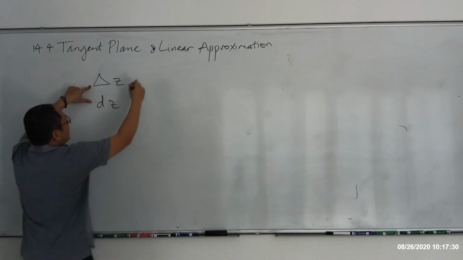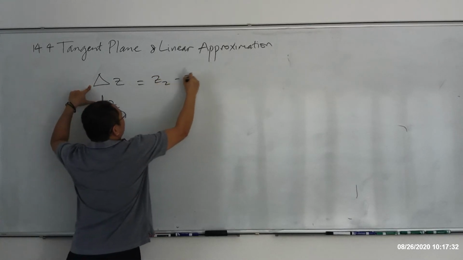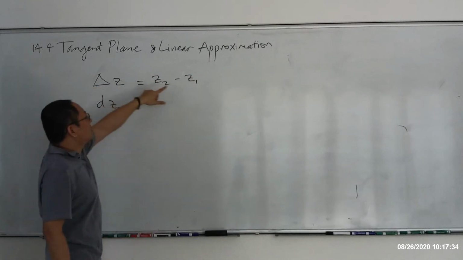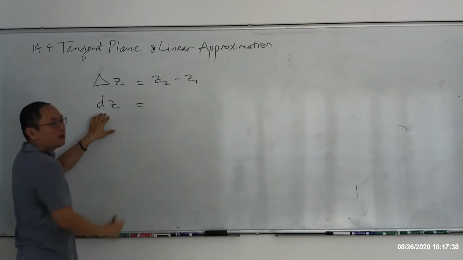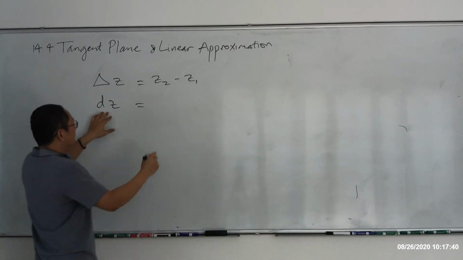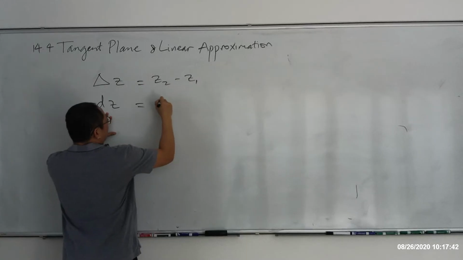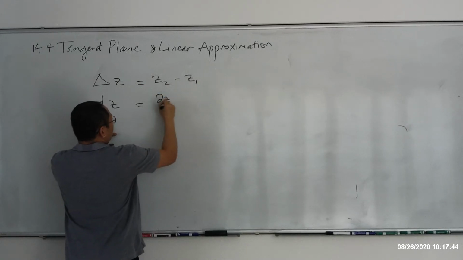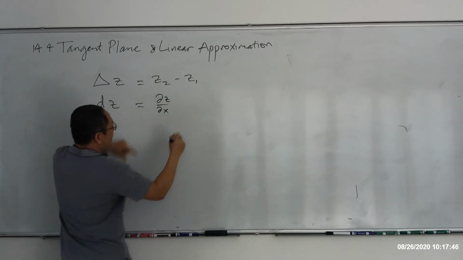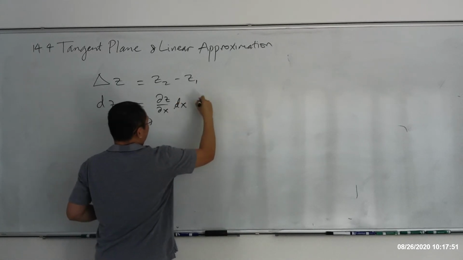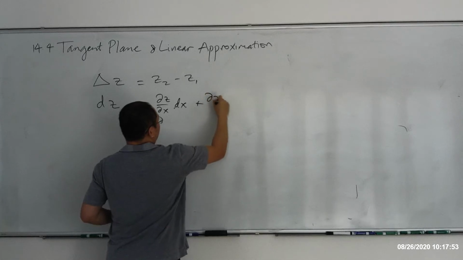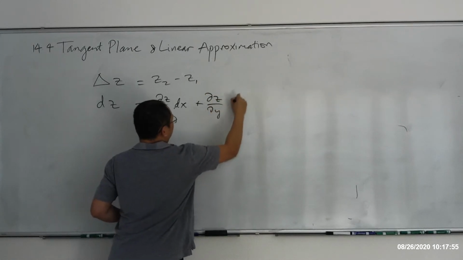This delta z means z2 minus z1, the final z minus the initial z, and this dz is the total differential that I gave you the formula for. It's dz over dx, which is fx, times dx, plus dz over dy times dy.